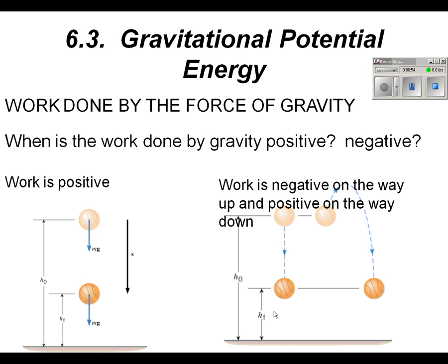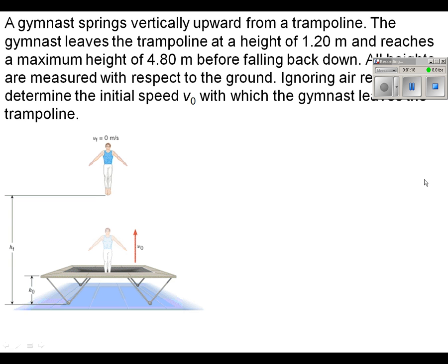And in this case, work is negative on the way up and positive on the way down. So when this ball was shot up, the force of gravity is down, displacement's up, so it's negative. On the way down, it's positive.